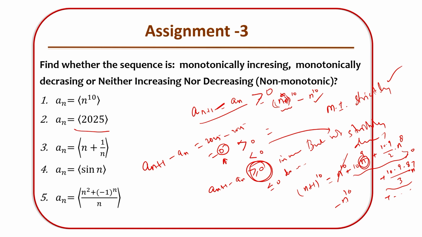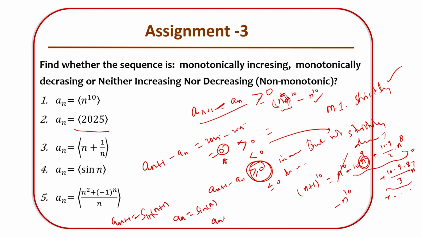What about question number 4, where we have a(n) equal to sin n? Do you have any idea? So let me show you how to solve it, right? So I can find a(n+1) first. So this is sine of (n+1), and a(n) is equal to sine of n, right?